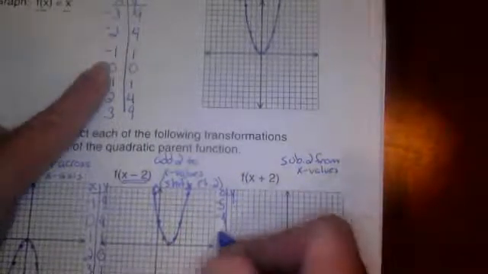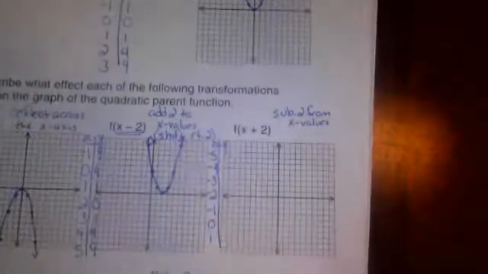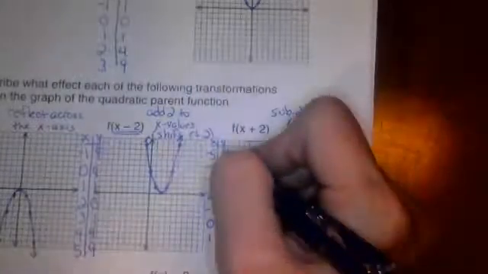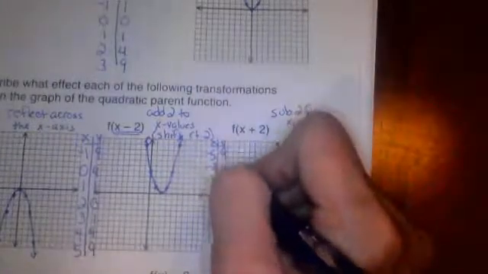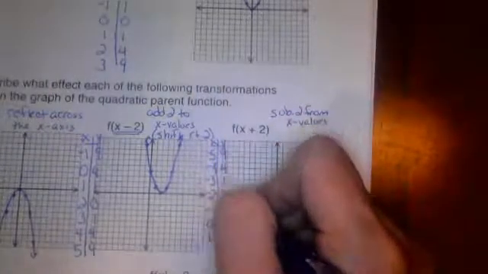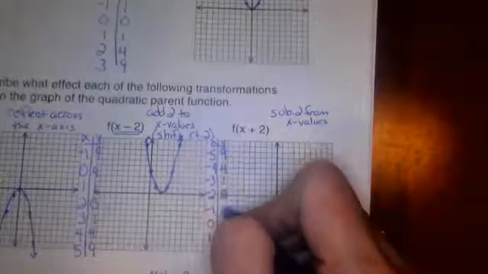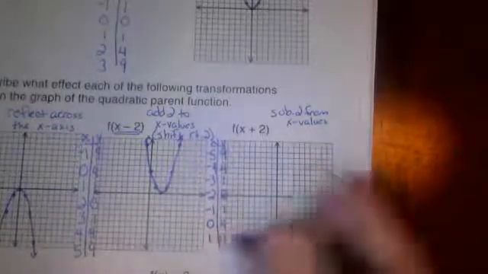Negative 2 minus 2 is negative 4. Negative 1 minus 2 is negative 3, and so on. Negative 2, negative 1, 0, and 1. And our y values stay the same, so 9, 4, 1, 0, 1, 4, and 9.